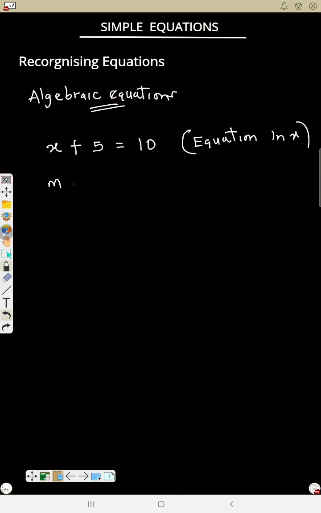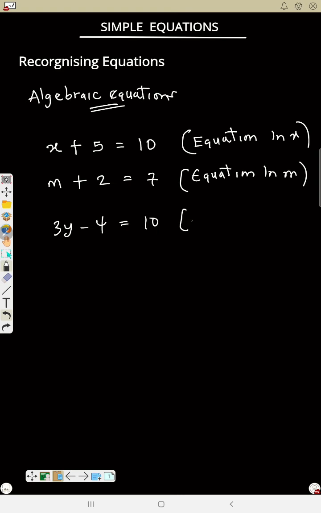Now what if I have this m plus 2 is equals to 7? This is what? Equation in m because the m is the alphabet there. If I have 3y minus 4 is equals to 10, this is equation in y because the alphabet is y.